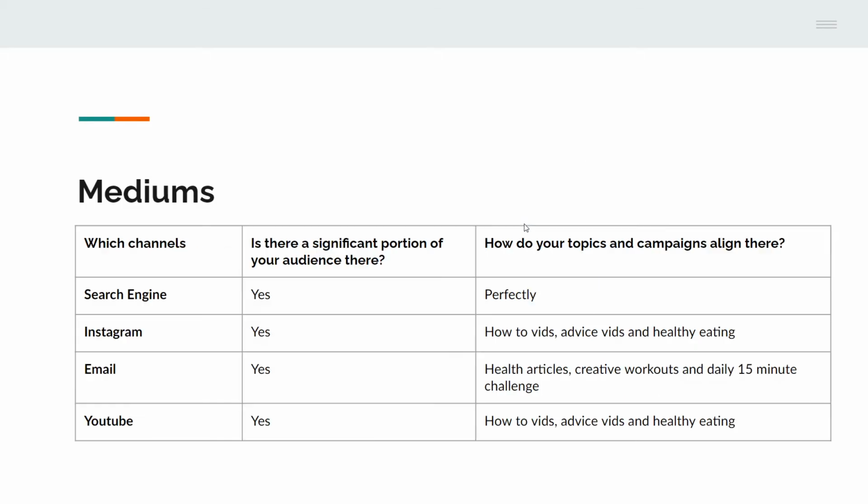Next thing I want to do is take those mediums and break down how we're actually going to approach it. So for search engine marketing, first question: is there a significant portion of our audience there? Yes. How do our topics and campaigns align there? They align perfectly because we're going to do a lot of search campaigns and display campaigns, so that's no problem.